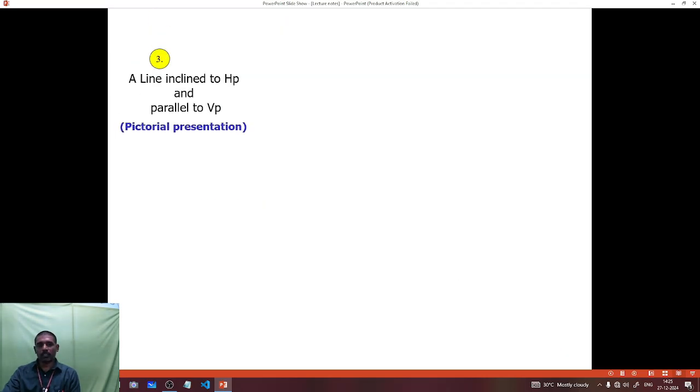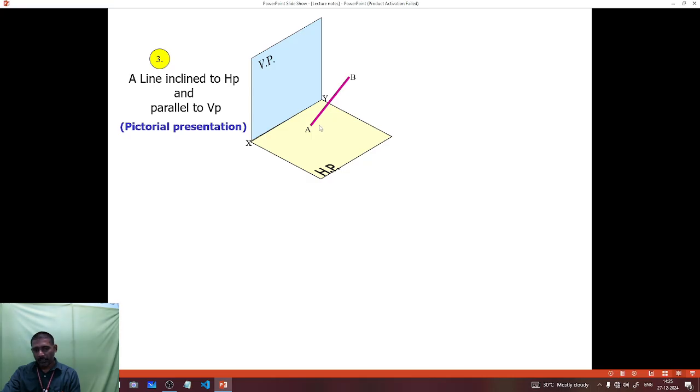Next, the third case, a line inclined to HP and parallel to VP. Inclined to HP means it is somewhat inclined from the HP, with B and A at the same distance from the VP.